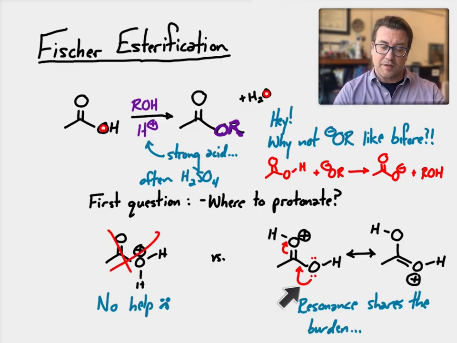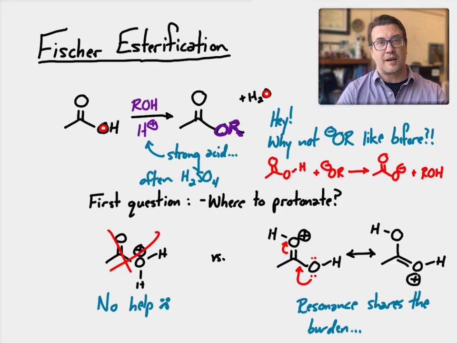So therefore, you protonate on the carbonyl oxygen. This is a very common occurrence you'll see in lots of carbonyl mechanisms under acidic conditions. You protonate the carbonyl oxygen as opposed to the atom down here, simply because there are resonance structures that can stabilize this type of species.